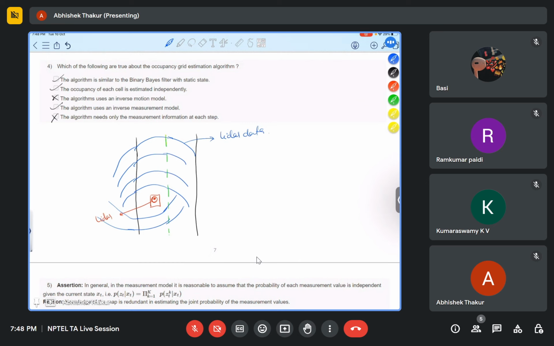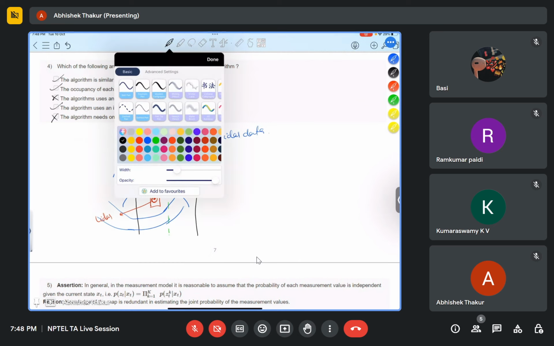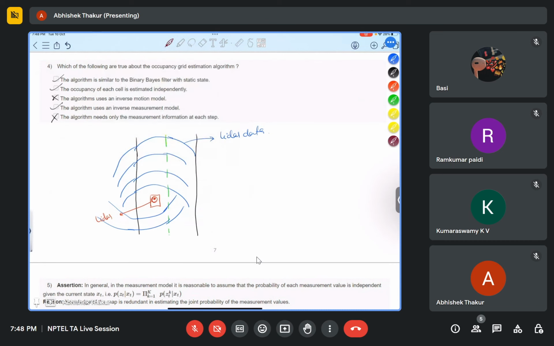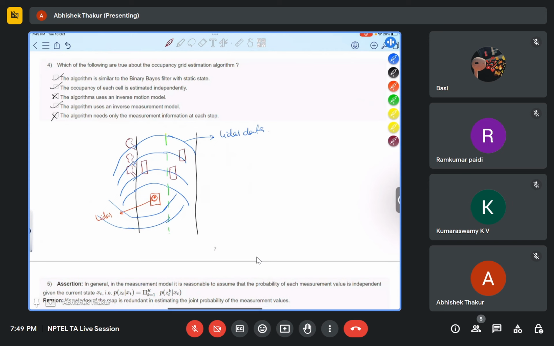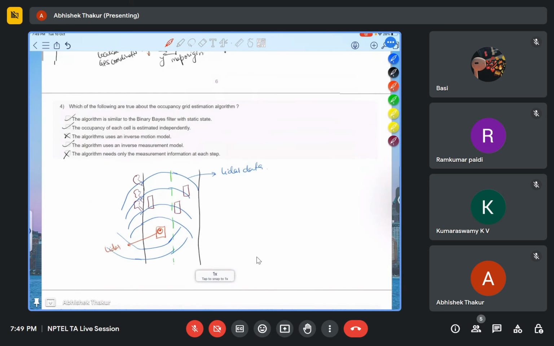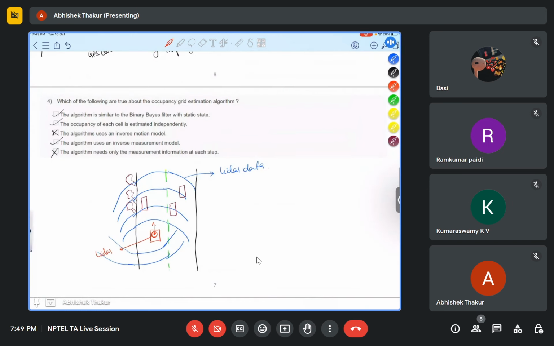And we have some obstacles in the path. Let's suppose there are some trees and some other cars going on. Our vehicle is moving in the forward direction.